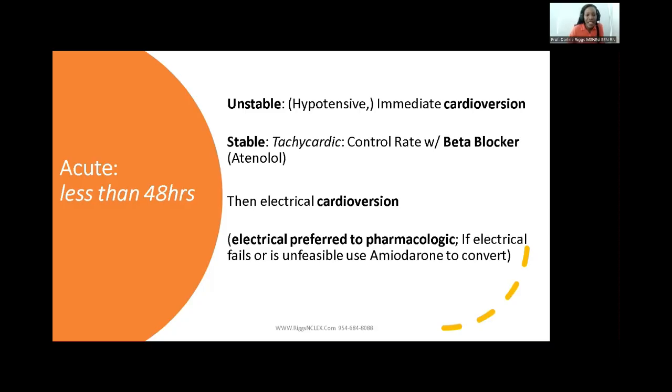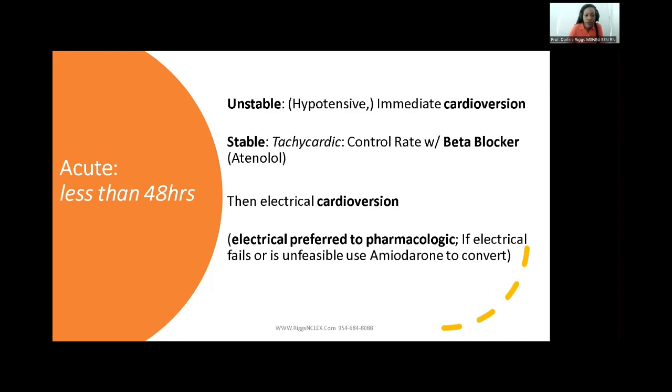So if the client is unstable, we're talking they're hypotensive, so the treatment would be cardioversion. If you're dealing with a stable client, they're not hypotensive, we want to work on controlling that heart rate. So the beta blockers are going to be our primary treatment. Okay, but we're always ready to cardiovert.